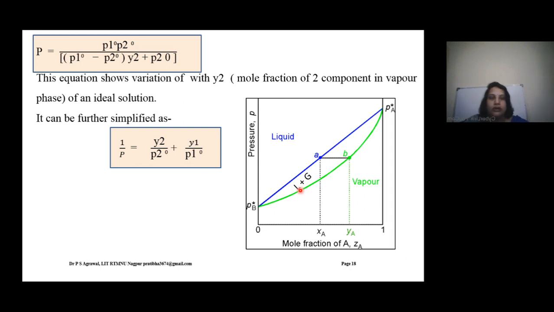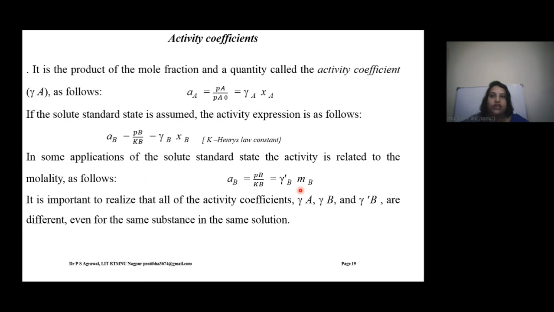Now about the activity coefficient. At intermediate concentration, in many cases, neither Raoult's law nor Henry's law holds good, because we have given the conditions when Raoult's law holds good and when Henry's law holds good. But many times at intermediate concentration, both laws don't hold good.